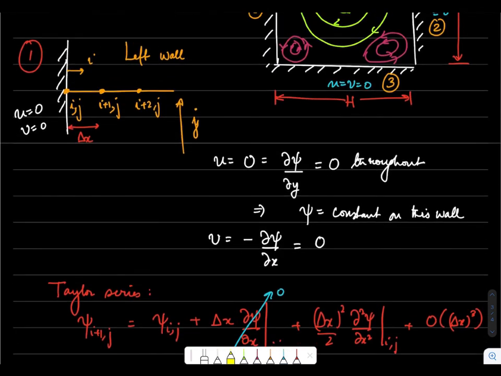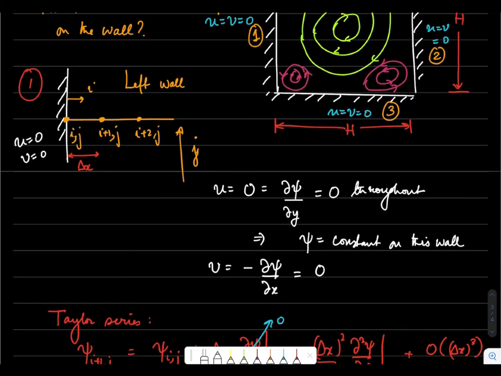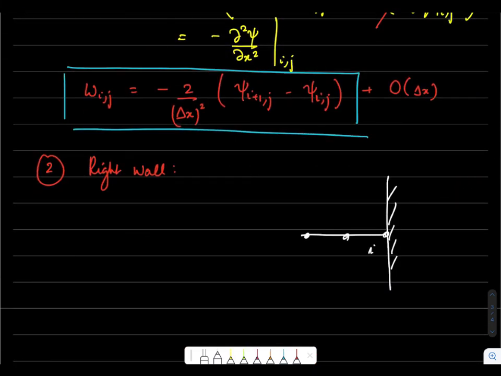Now let's look at the right wall, and we'll follow a very similar process there. On the right wall, we will have, let's say, nodes in the following fashion. As I drew it there, we have ij, this will be I minus 1j, and the spacing is delta x.